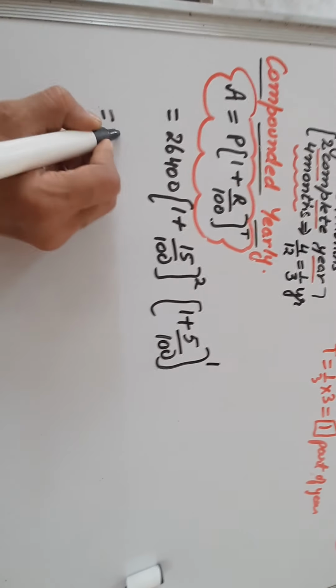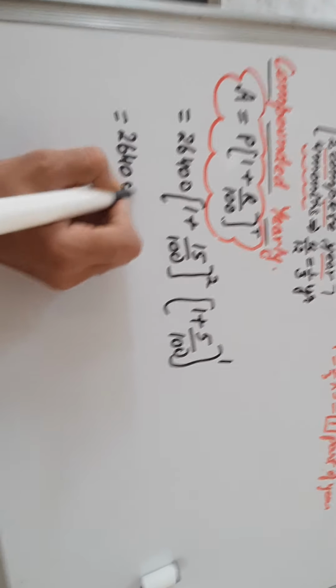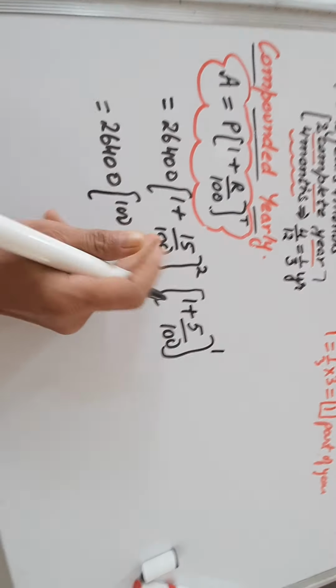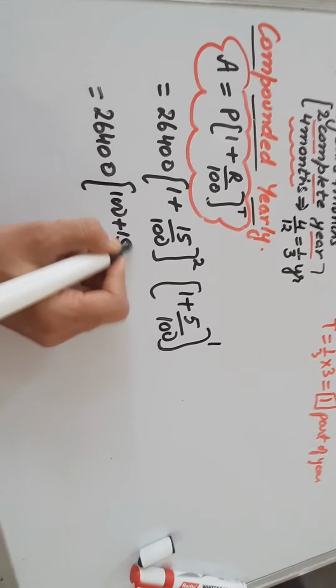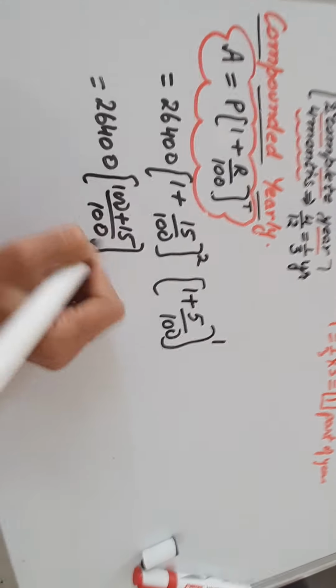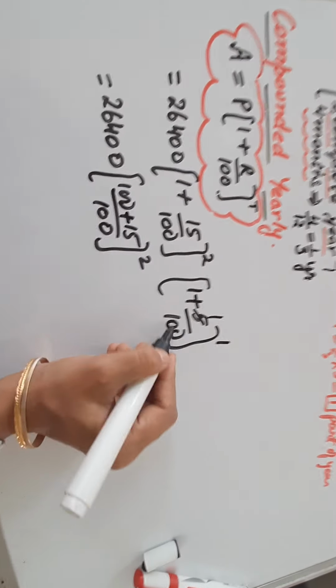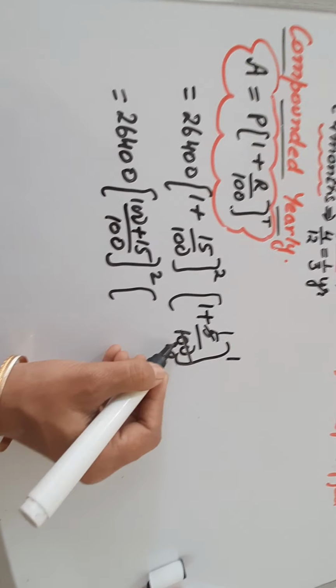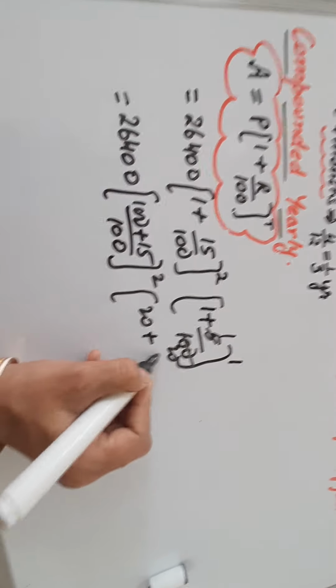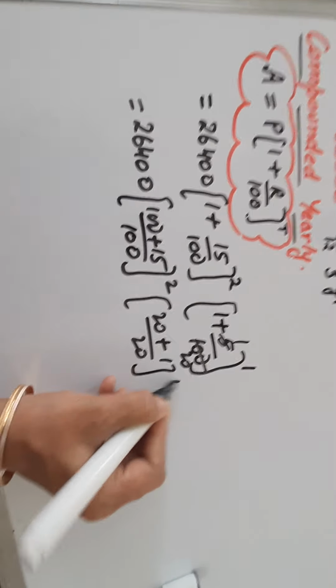So just solve it and get the answer. Let's check the LCM. 100 ones are 100 plus 15 upon 100 whole square, and let's reduce it. So the LCM will be 20 ones are 20 plus 1 by 20 raised to 1.